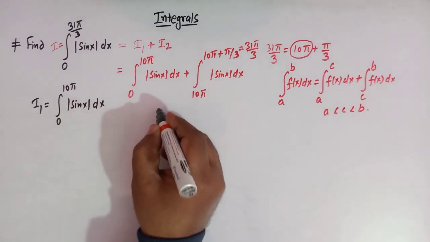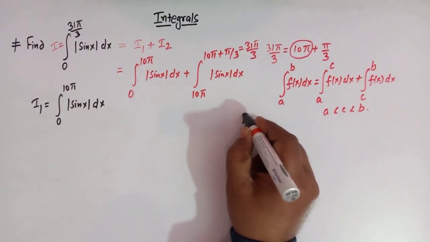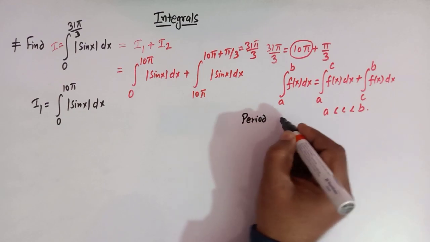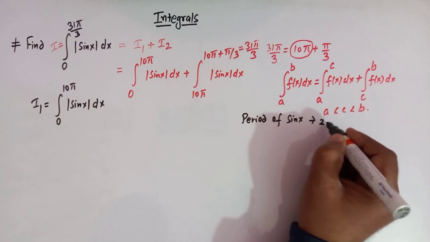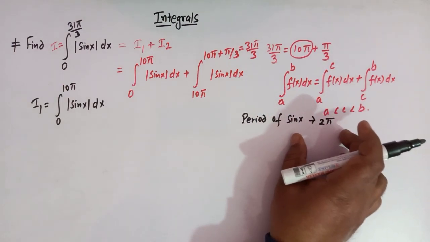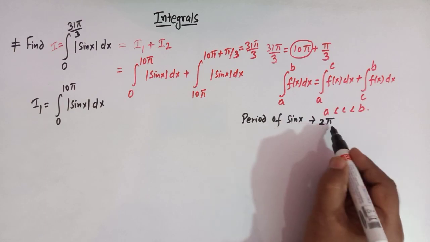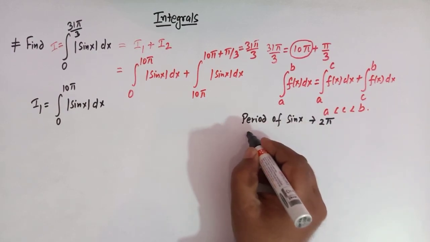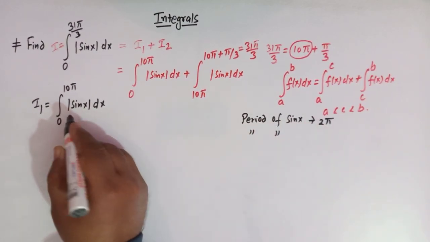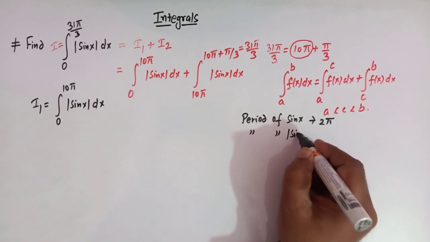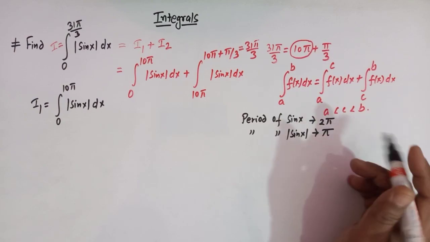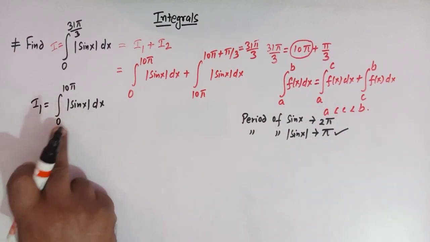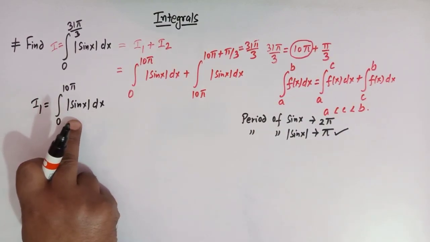We know that the period of sin x is 2π, a well-known fact, and the period of mod of sin x is π. This is the concept which will be used to evaluate this integral.